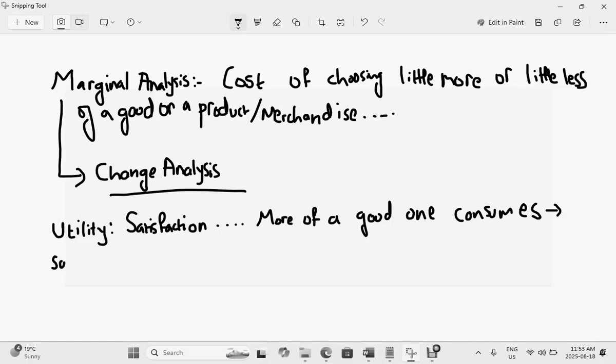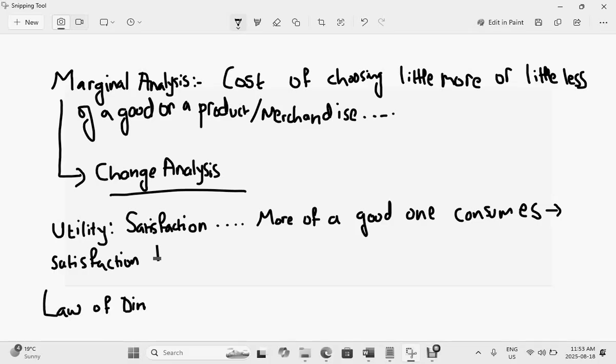The utility or satisfaction goes down. And because this satisfaction goes down, we're essentially talking about the law of diminishing marginal utility.